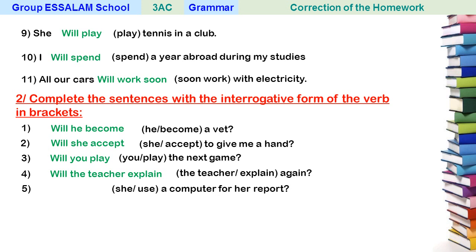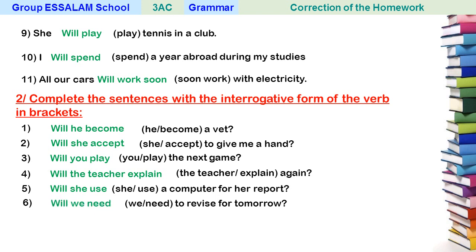Number 5, she use a computer for her report. So the answer is, will she use a computer for her report? Number 6, we need to revise for tomorrow. The answer is, will we need to revise for tomorrow? Number 7, he managed to pass his exam.